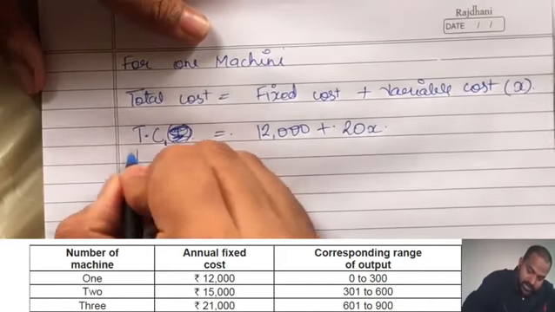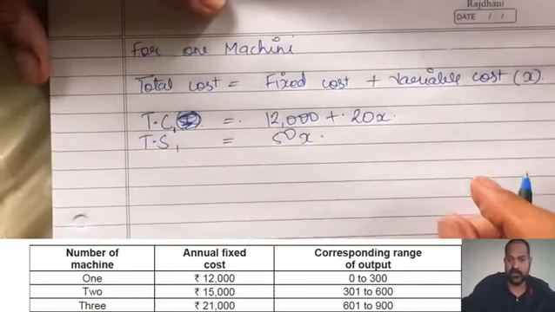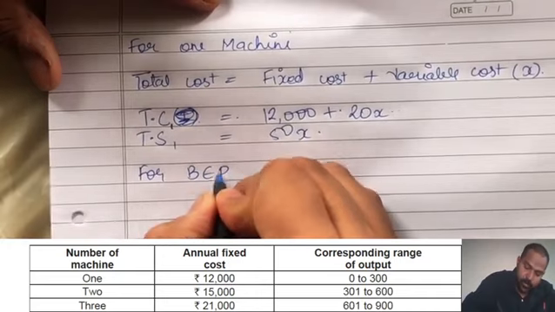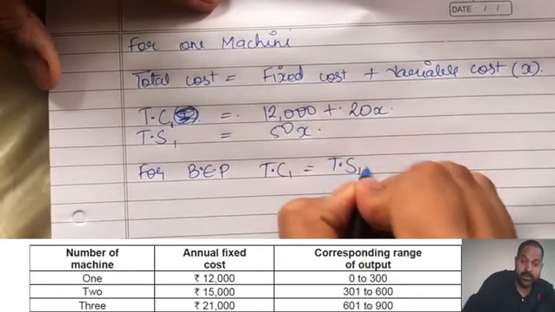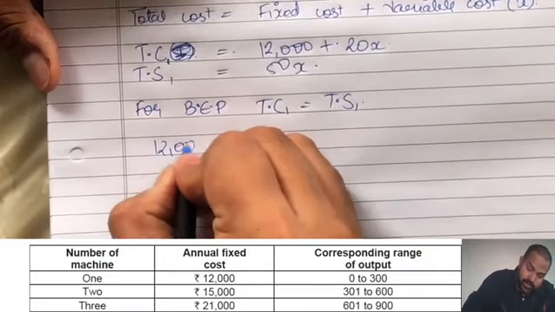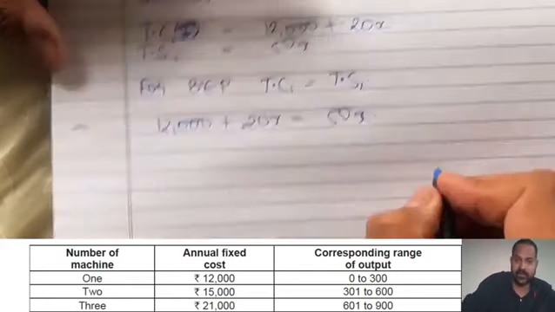But what is the total sales? Well, the total sales in one is 50 per unit into x. For break-even point, total cost in one should be equal to total sales in one, which becomes 12,000 plus 20x is equal to 50x.